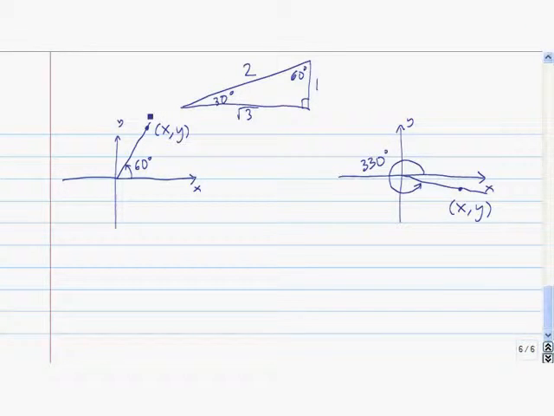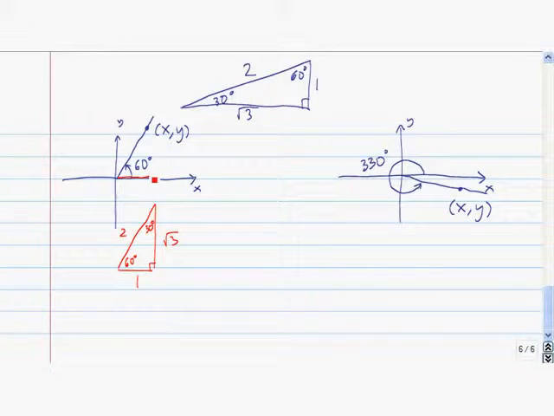Okay, why don't you work on these examples here? Use this right triangle here to find x and y in each case. For the first one, it's probably helpful to redraw the triangle so that it looks more like the angle that we're looking at right here. So here we have it. This x is this length here, and that is length 1.